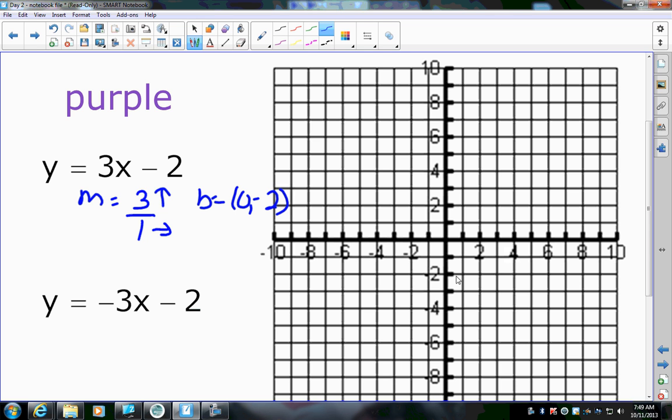I'll go down here to -2 and put a dot. That's my y-intercept. My slope: up 1, 2, 3, to the right 1. Then I can go backwards, down 3 to the left 1. And then I'm going to draw my line.